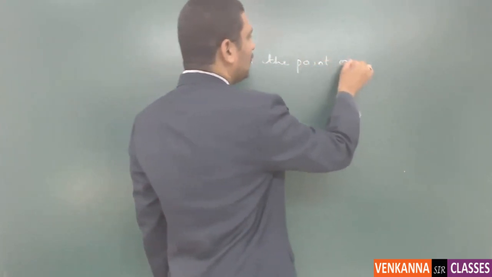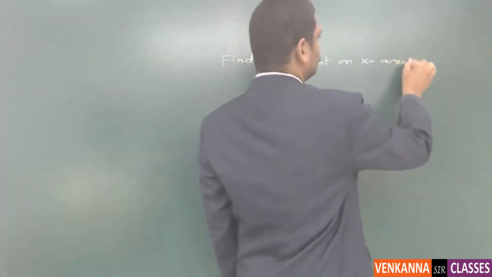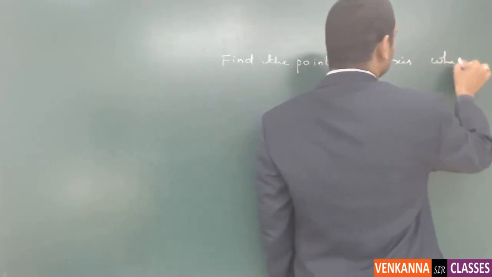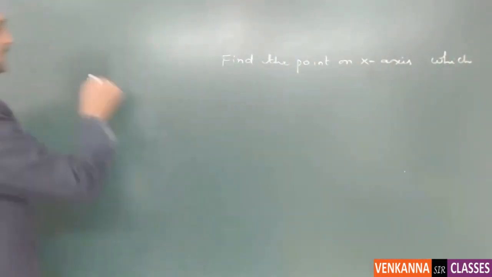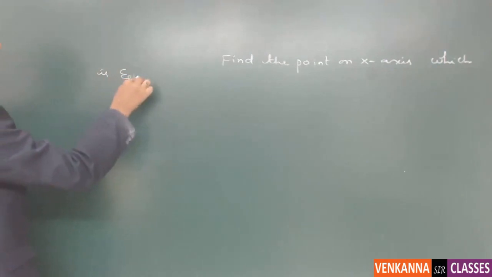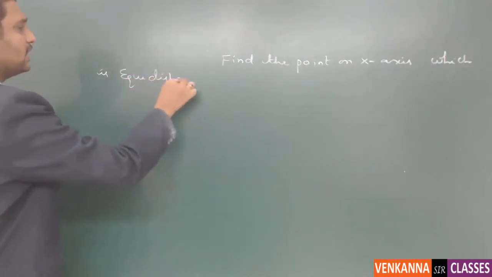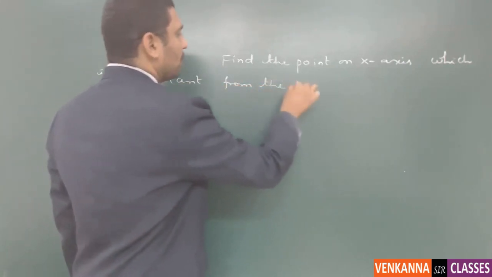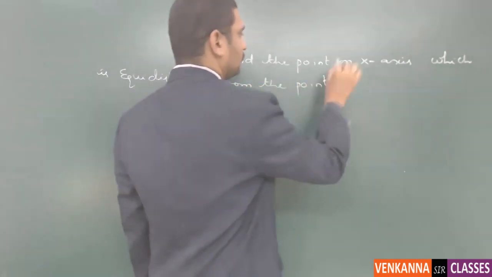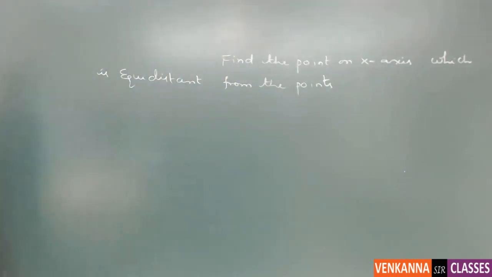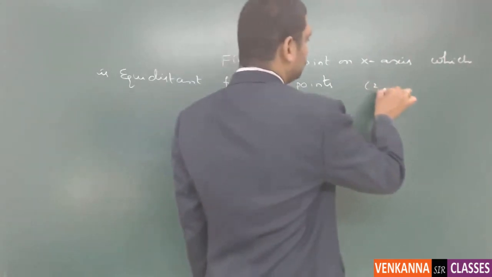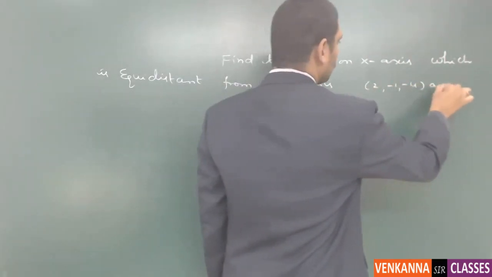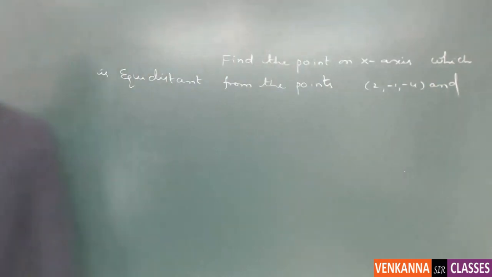Find the point on x-axis which is equidistant from the points 2, -1, -4 and -4, 3, 10.